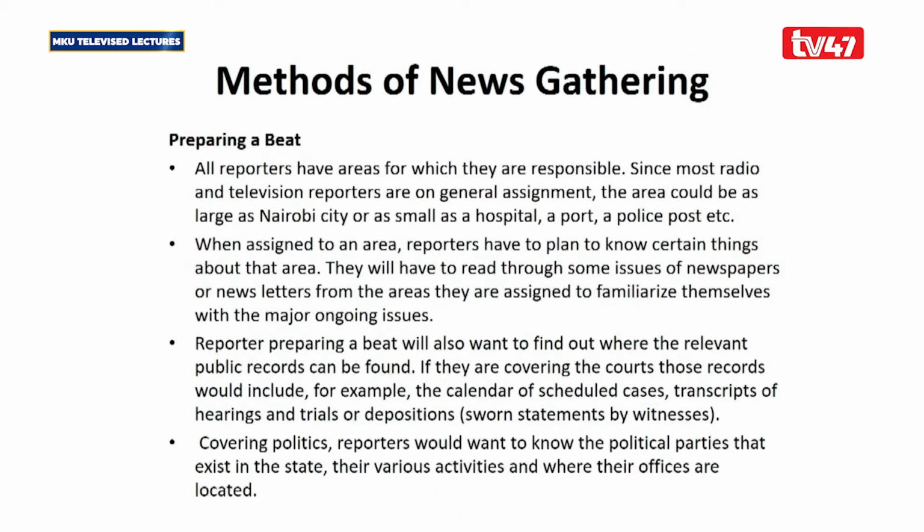Covering politics, reporters would want to know the political parties that exist in the state, their various activities, and where their offices are. Simply, you are supposed to know everything, such that no information will bypass you.